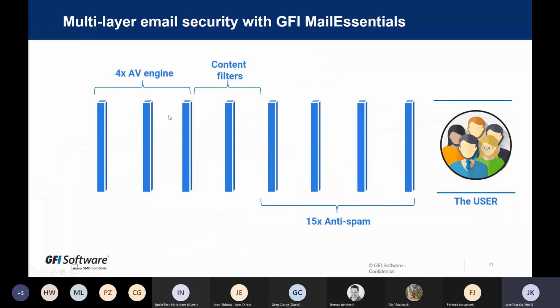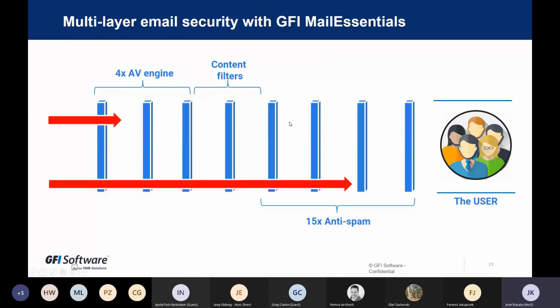So to top it off, as I see that we have only 4 minutes left in the session, GFI Mail Essentials will add to the table 4 antivirus engines, 5 content filters, and 15 anti-spam techniques. So as mentioned previously, the aim is to block the bad email from being received by the user, because once it's received by the user, we might have a problem.